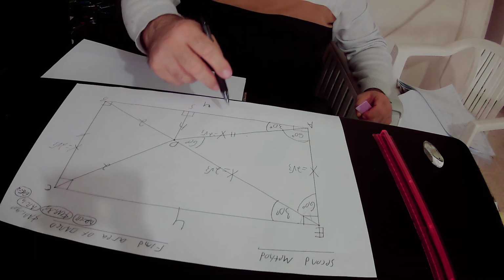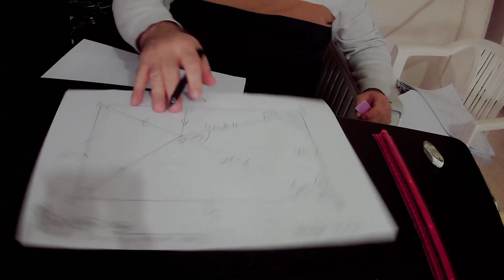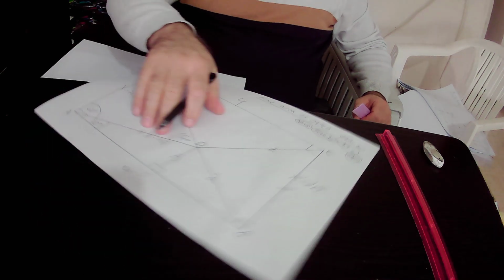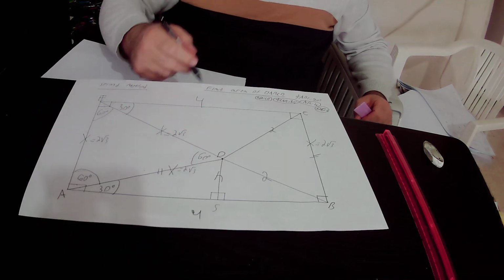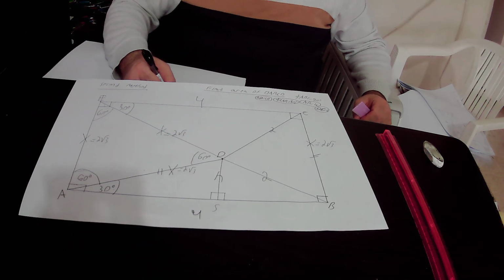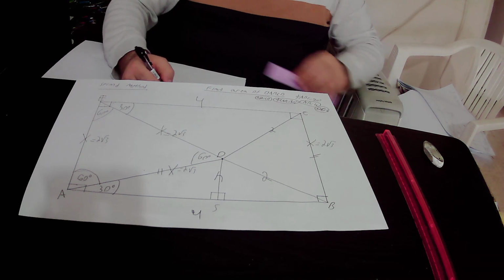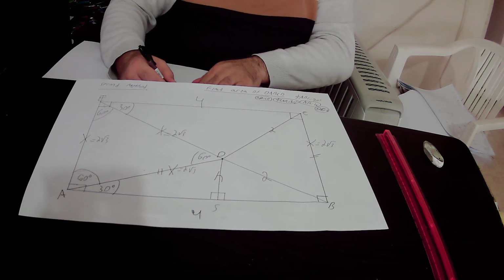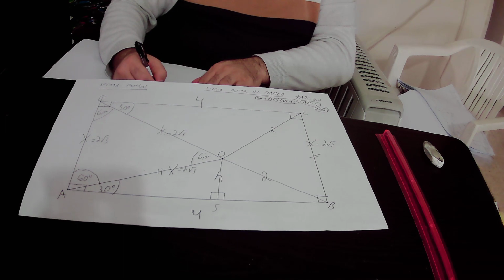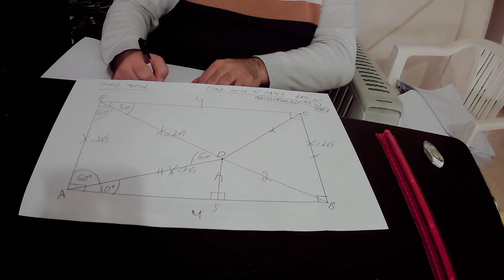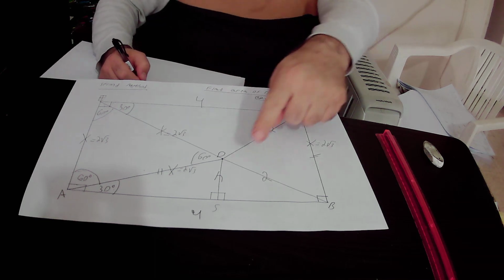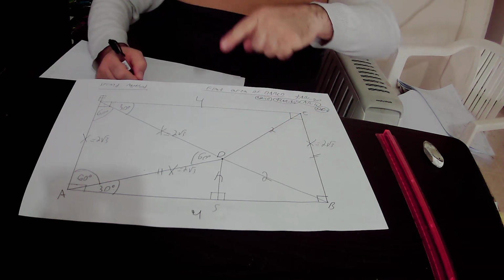We'll focus on triangle ADS. In triangle ADS, the right triangle, sine 30 degrees equals H over the hypotenuse.